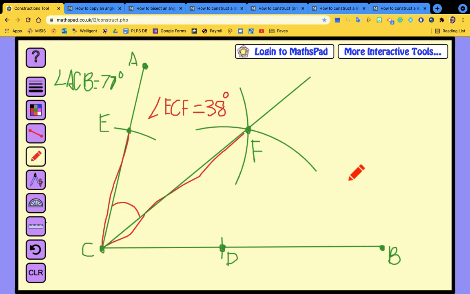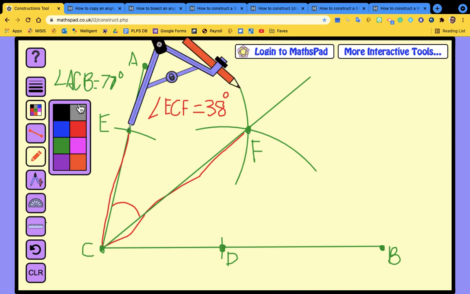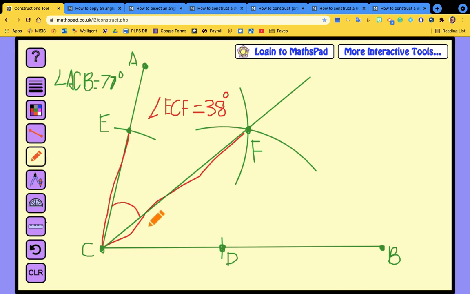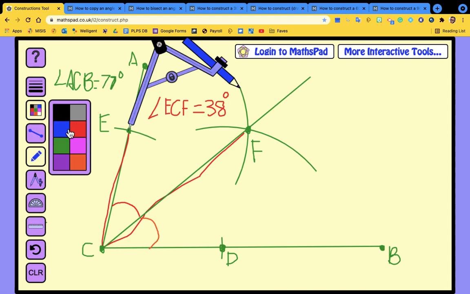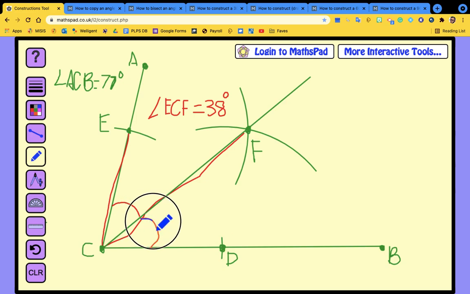Okay, so now let us do this angle, right? Let us do this one now. This orange one. You know what? Let me pick a different color. Blue. So it stands out more. So now I'm going to do this blue one right here.